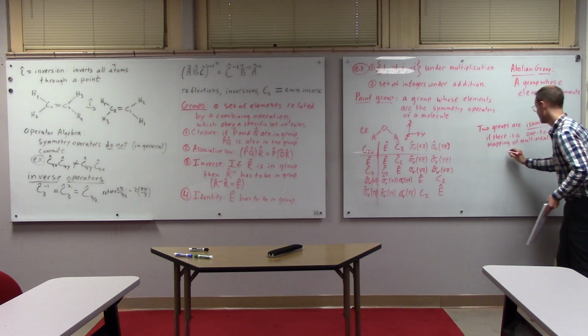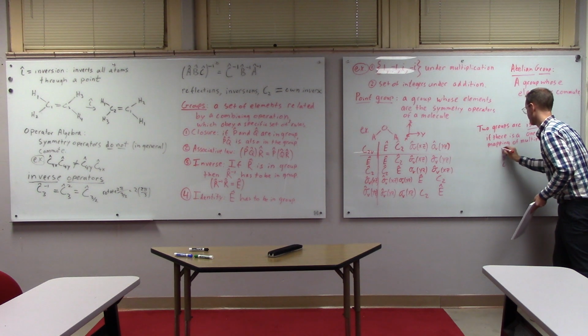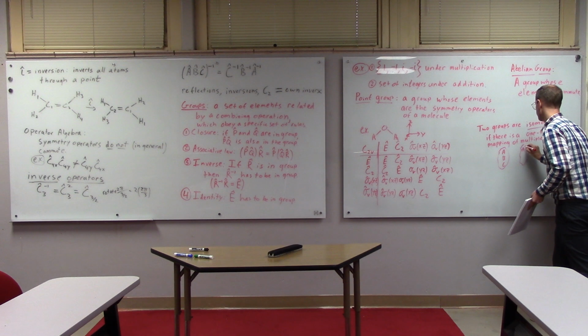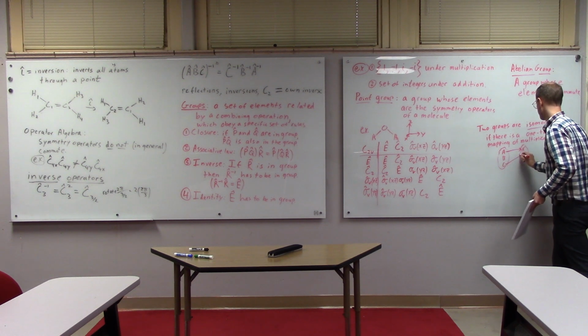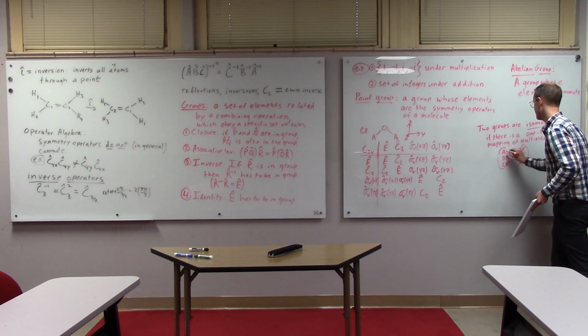So basically, if I have a group A, B, C, and some other group A prime, B prime, C prime, right? If I can map A to A prime and C to B prime and B to C prime, and vice versa, right?